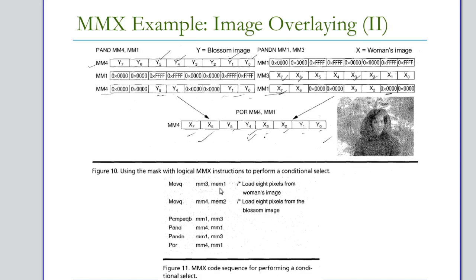So you loaded the woman image and blossom image, and then you find out the mask, and accordingly you find out this mm1 and mm3. Then you perform the AND operation, and finally got some kind of result.